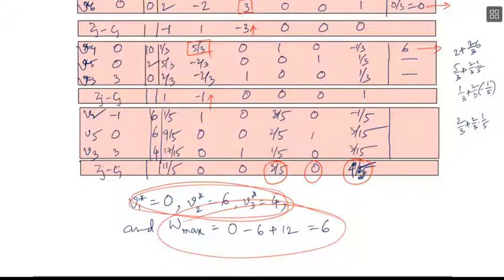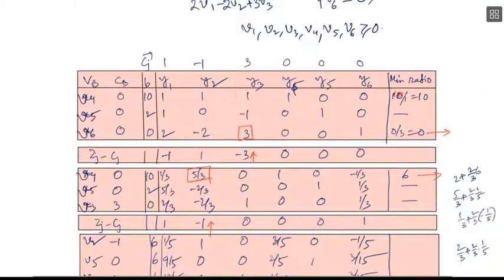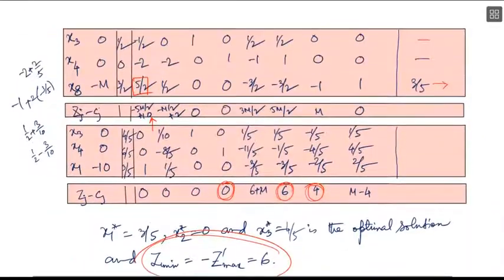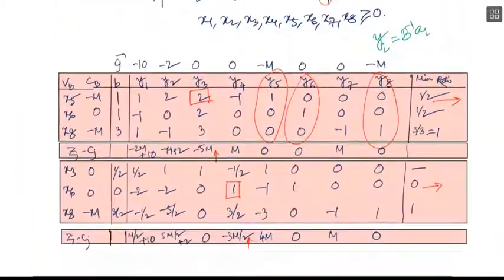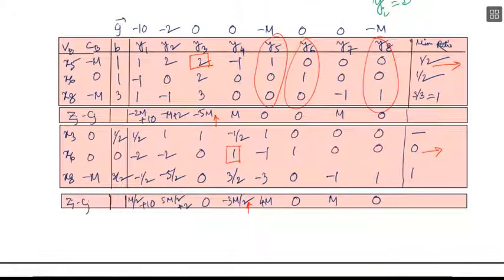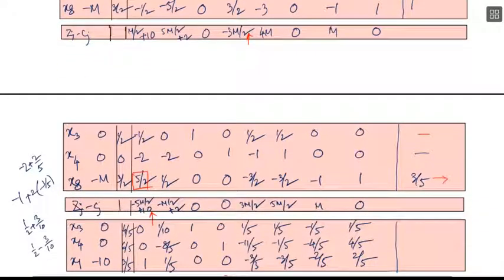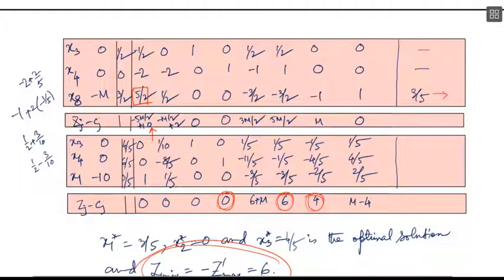So just by solving one of the primal or the dual problem, we can get the solution of the other. Once again we repeat, in the primal problem the number of variables were more. There were 8 variables and the number of iterations we had to do was 4, and finally we see the values of Zj minus Cj's corresponding to the slack and surplus variables gave the value of the optimal solution in the dual problem.